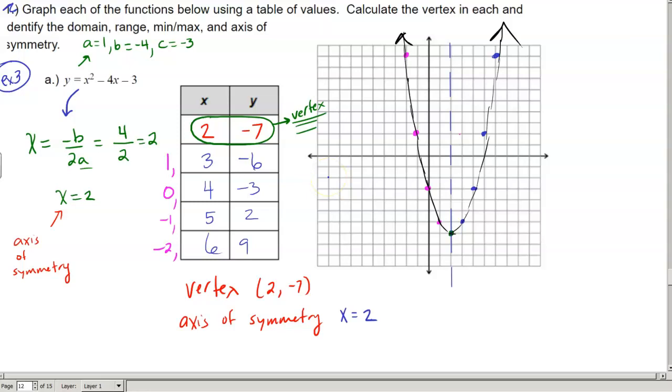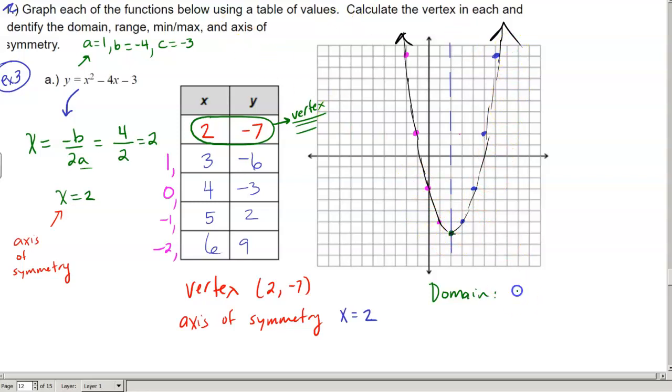Some other things that it asks for that we'll talk about is the domain. So what about the domain of this graph? The domain is basically which x values could I plug into this function? Or if I look at the graph right here, which x values are being graphed?